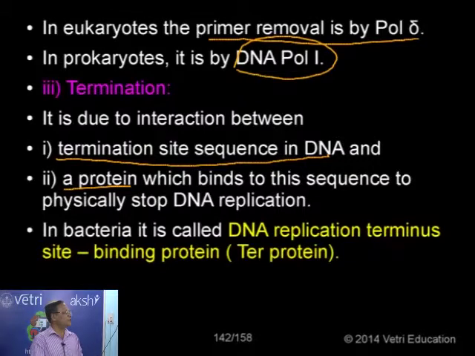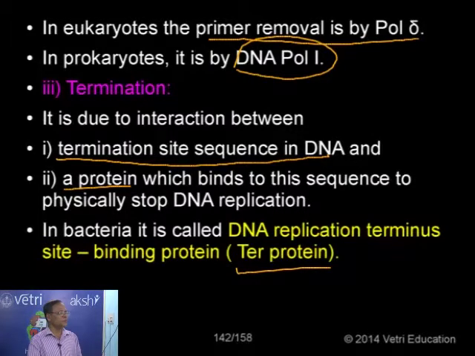Now we have different names for the protein which takes part in the termination process. In the case of bacteria, it is called DNA replication terminus site binding protein, or simply TER protein.